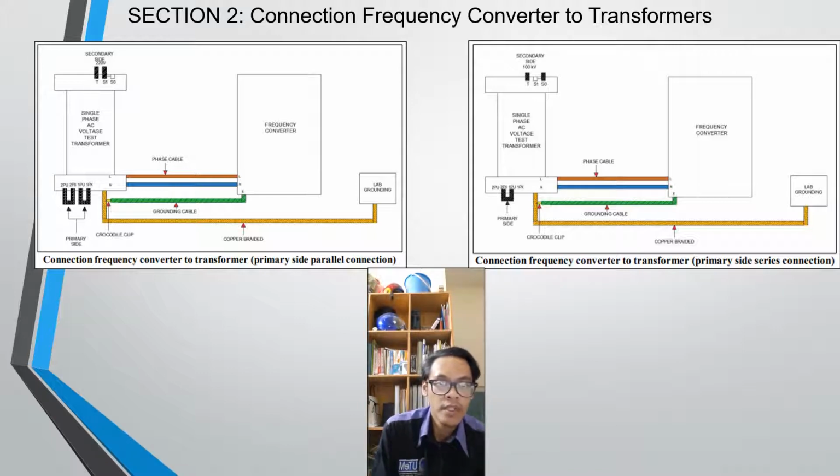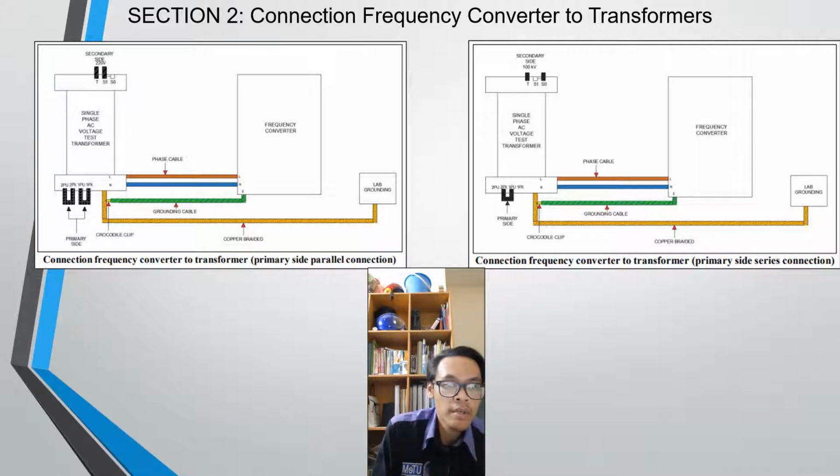For the left figure, it shows the connection of the frequency converter to the transformer where the primary winding side is a parallel connection. For the right figure, the primary winding side is a series connection.